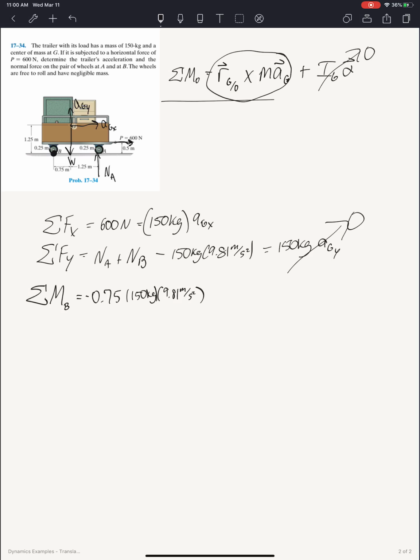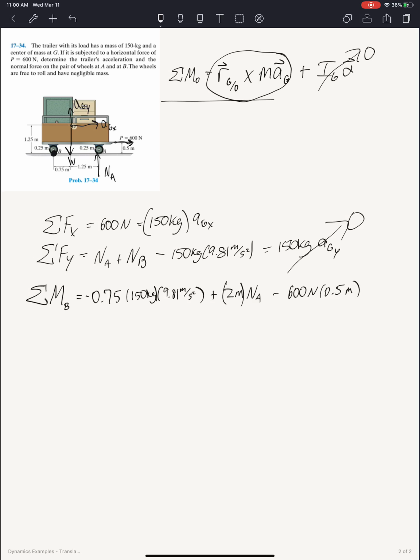I have NA, which is 2 meters away: 2 meters times NA, that is counterclockwise, so positive. And then there's a clockwise rotation created by P. It is 600 newtons times 0.5 meters.